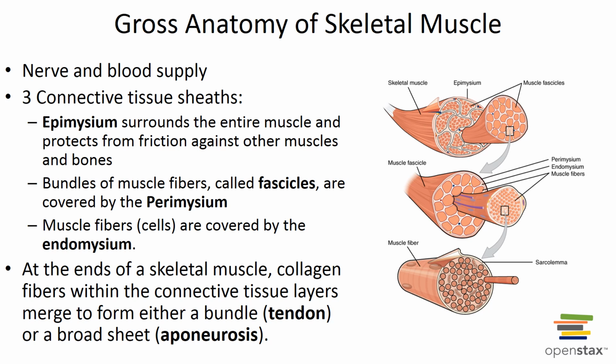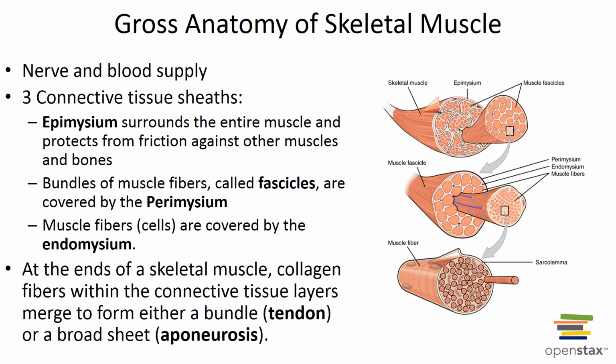Perimysium is a fibrous layer that divides the skeletal muscle into a series of bundles called fascicles. In addition to possessing collagen and elastic fibers, the perimysium contains blood vessels and nerves that maintain blood flow and innervates the muscle fibers within the fascicles.